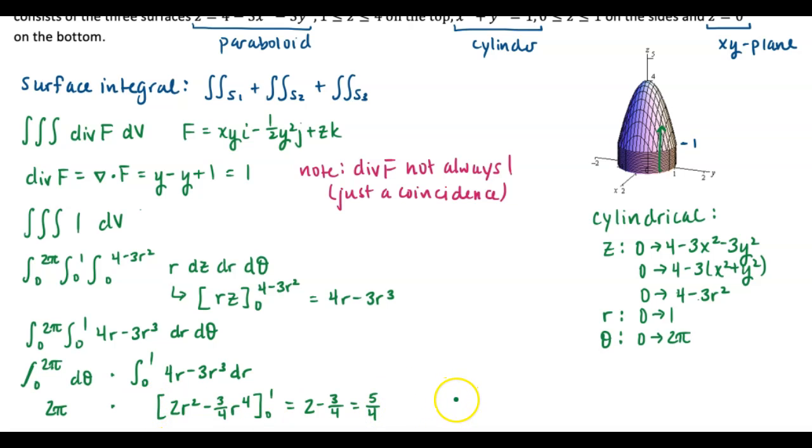And so for our final answer, we're multiplying 2 pi by 5/4. We get 10 pi over 4, or 5 pi over 2. And that is it.